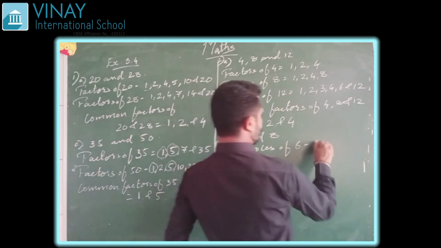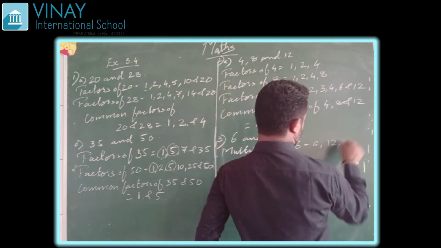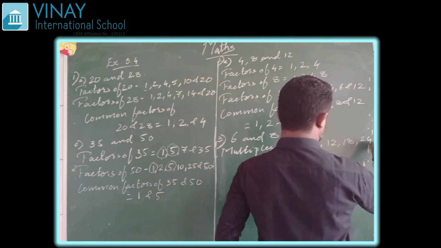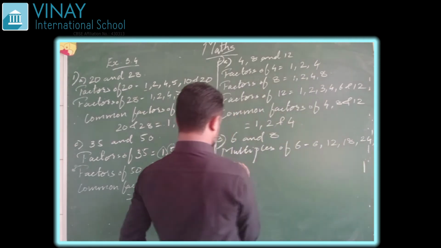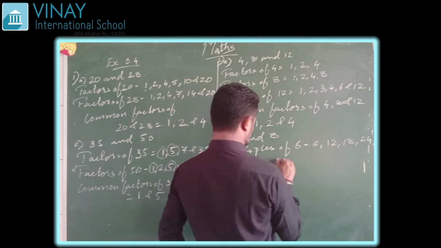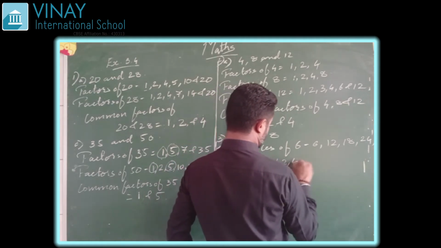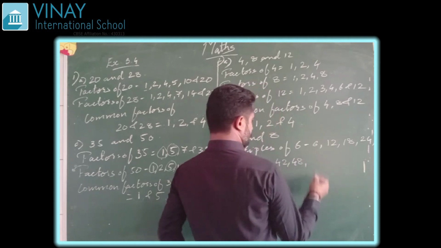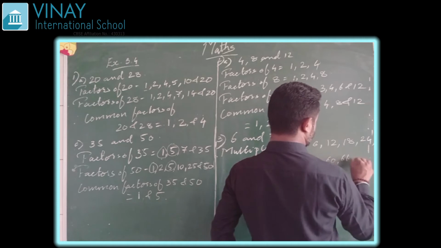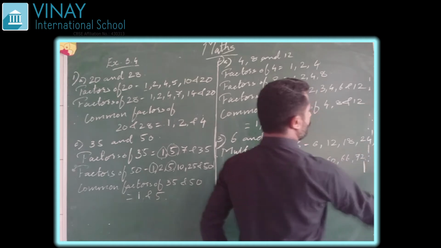Multiples of 6 are 6, 12, 18, 24, 30, 36, 42, 48, 54, 60, 66, 72 and so on.